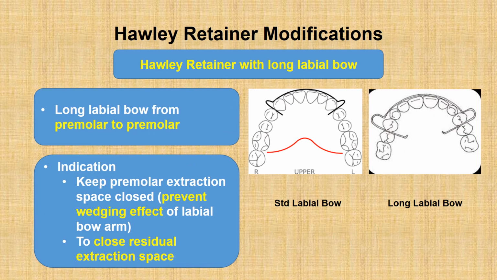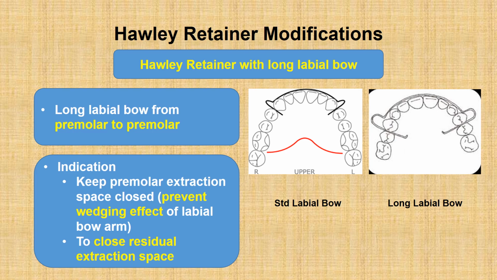Okay, the short labial bow of the Hawley retainer can also be replaced with a long labial bow. Now the long labial bow, compared to the standard labial bow or the short labial bow, will extend from premolar to premolar. Now the indication is to keep the premolar extraction spaces closed.